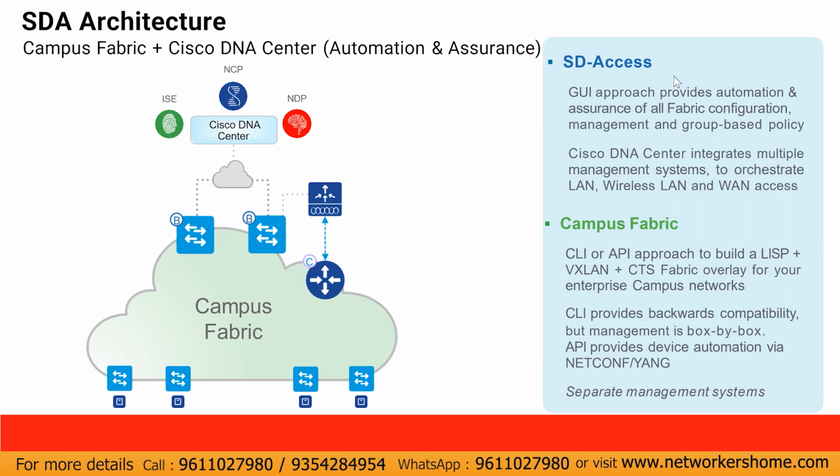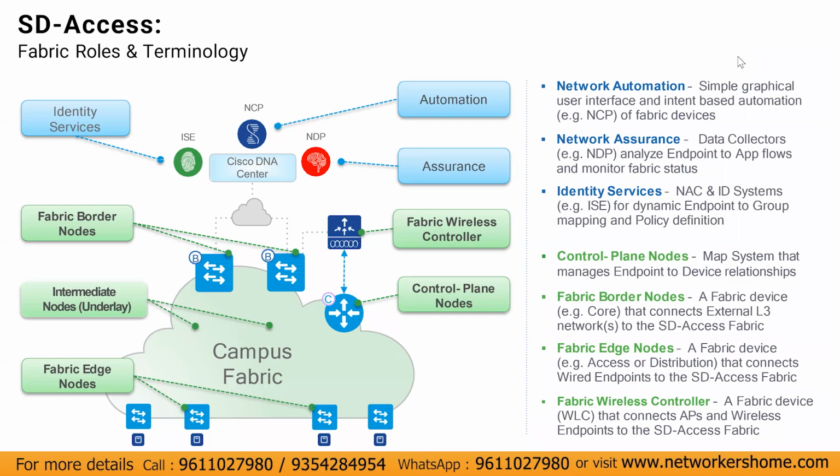So this is all about the campus fabric. Let's quickly jump on to the high level overview of the fabric roles. As we discussed, DNA center comprises of these three things. ISE, which is the Identity Services Engine for managing the identity services or the policy part.